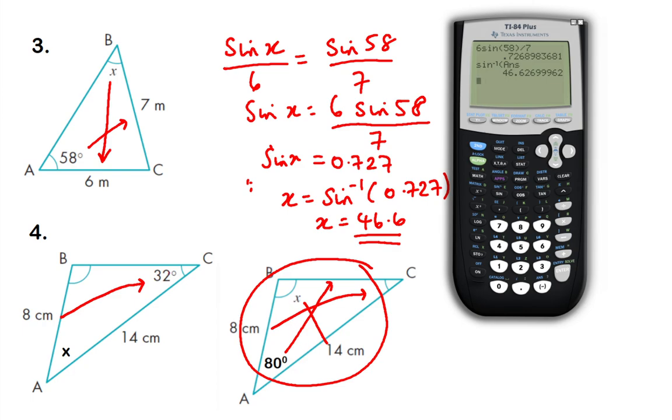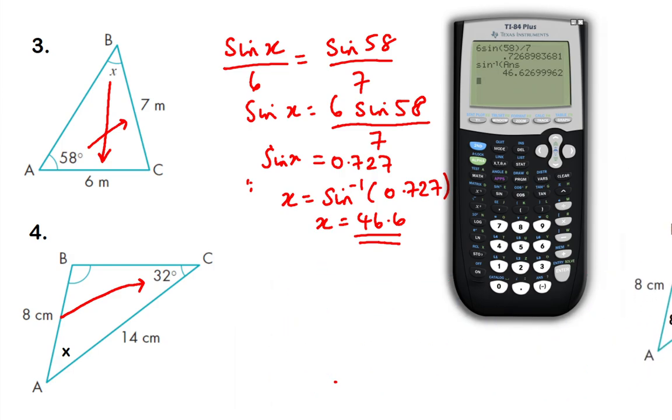But in the one I've just shown you here, this question 4, this is possible using the sine rule because we do have a side with an opposite angle both known. So let me get rid of all this. But this one is kind of slightly different, which I'll show you.